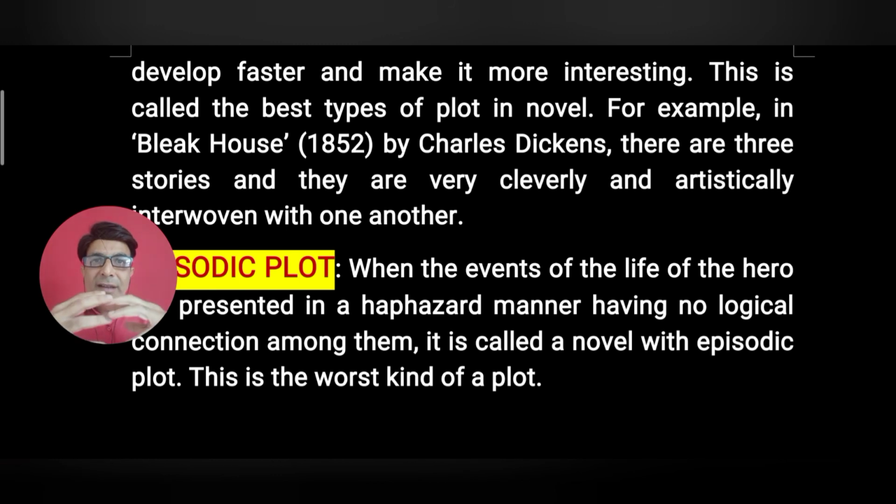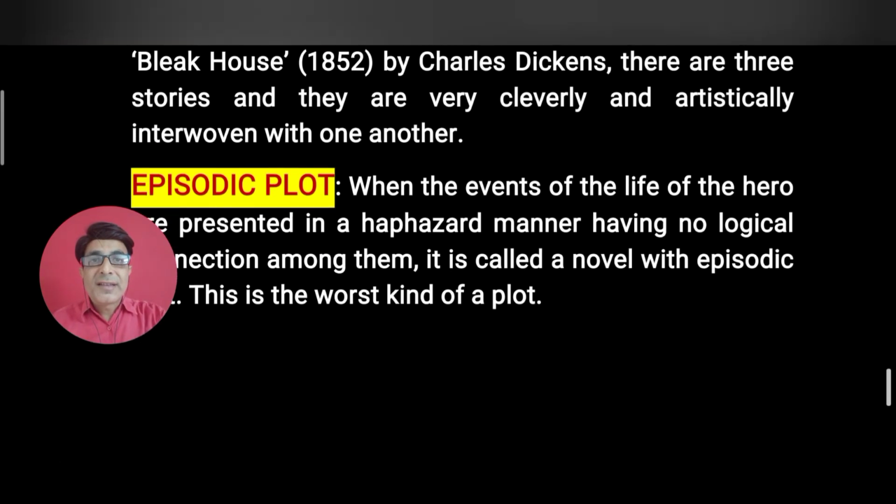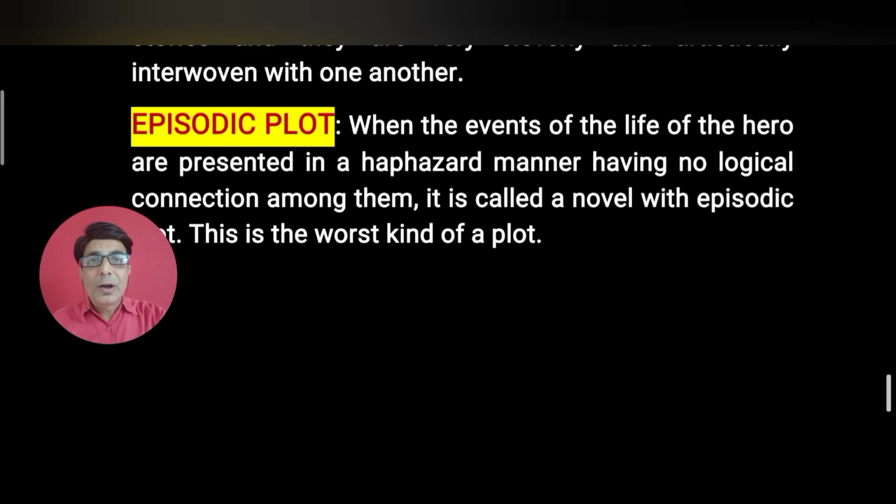All three stories have some logical connection. They go side by side in a parallel manner. So, complex plot means one main story, and at the same time one or more parallel subsidiary stories are going on. And in literature, complex plot is considered the best kind of plot.